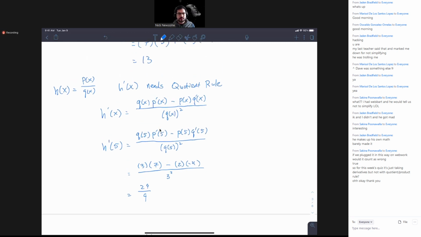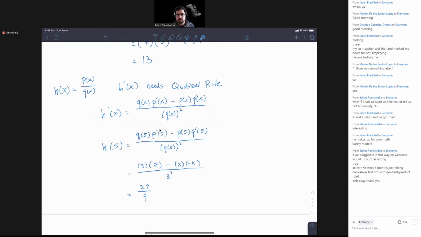All right, questions about the quotient rule? Okay, so again, this was the important thing, was knowing in general what this looks like.